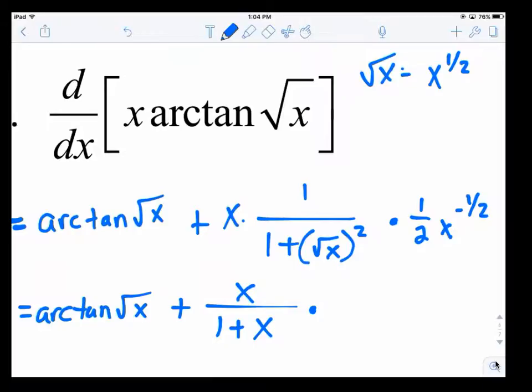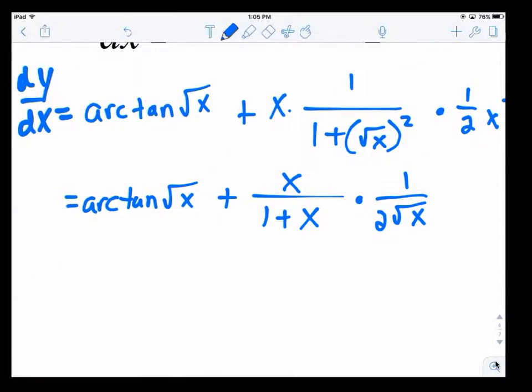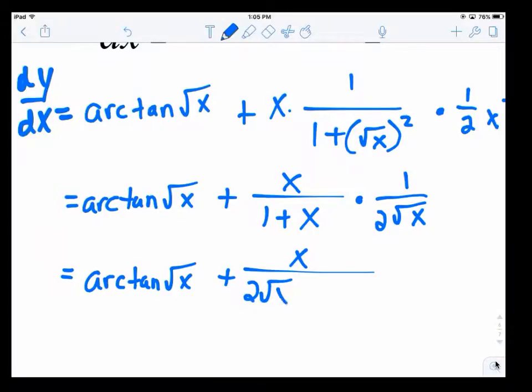And then times 1 over 2 radical x. Just rewrite it like how it was the original. Okay, so you have arctan radical x plus now x over 2 radical x times 1 plus x.